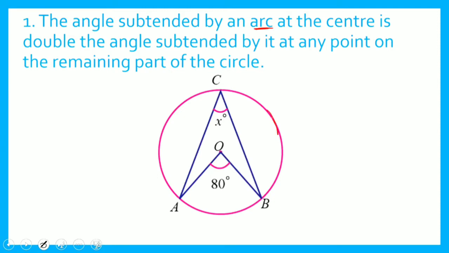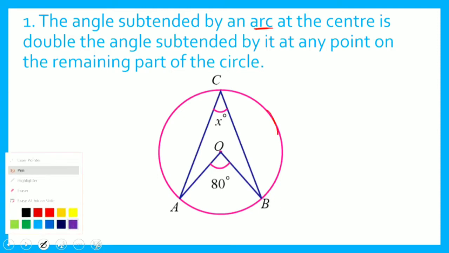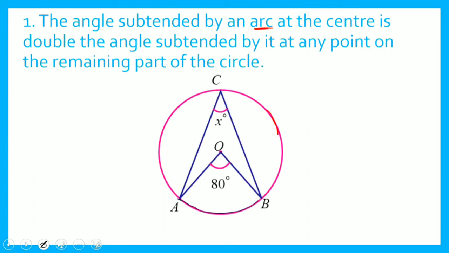In this case, the portion that we're looking at is right here, A to B. The angle subtended by the arc at the center, you can see it goes to O there, is double the angle that is subtended by the same arc at the circumference.